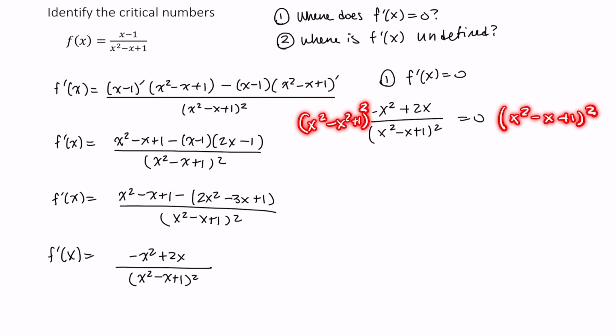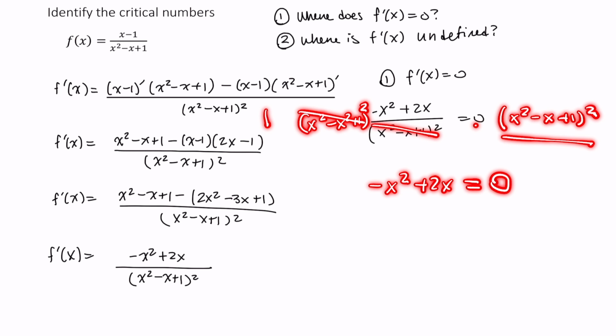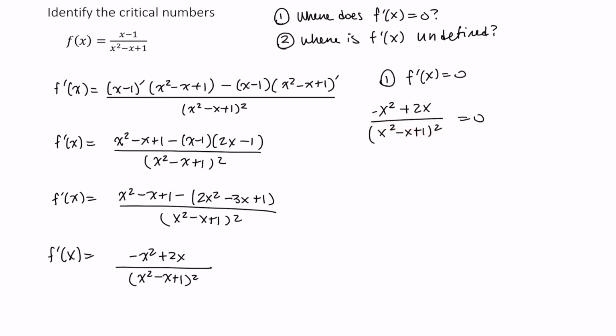And as you can see, if we multiply on the left by the denominator, that's 1. And on the right, 0 times anything is 0, so we'll end up with just negative x squared plus 2x equals 0. So I would suggest to save yourself the time and just set these up so that you're looking at the numerator equal to 0.